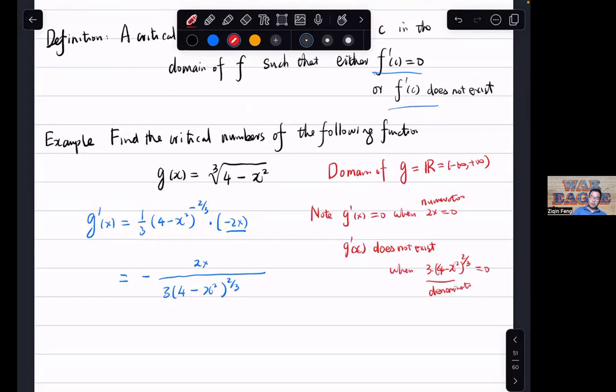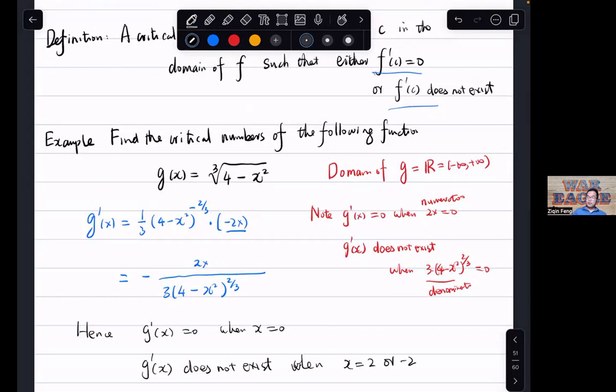So using our observation, hence, g prime of x equals 0 when x is 0, because 2x is 0 when x is 0. g prime of x does not exist when x is either 2 or -2.